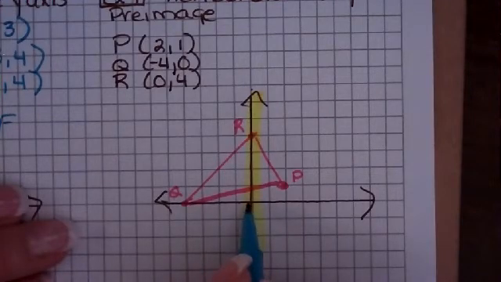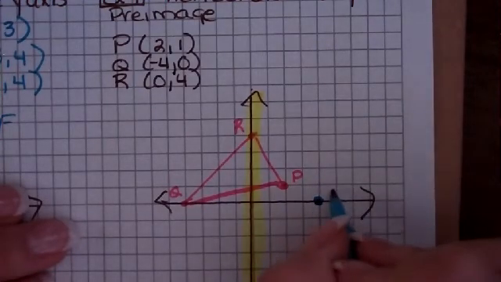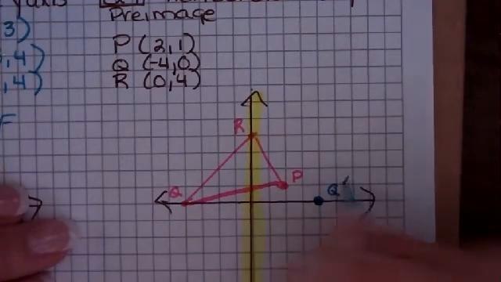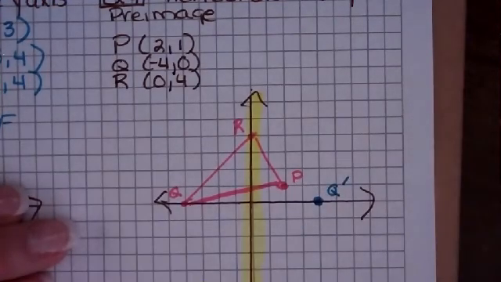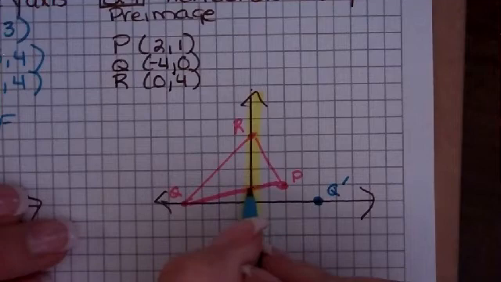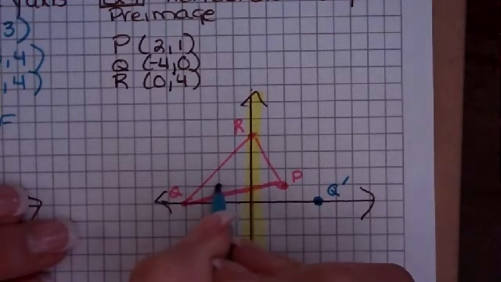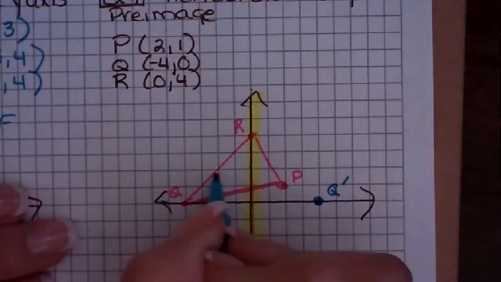So that means I got to go 4 the other direction. 1, 2, 3, 4. And I'm going to list that point as Q prime. Now, P, I'm going to do the same thing, but it's 2 spaces away on the right side. So that means I got to go 2 spaces away on the left side. Let's see if I squeeze that in right there. That's P prime.